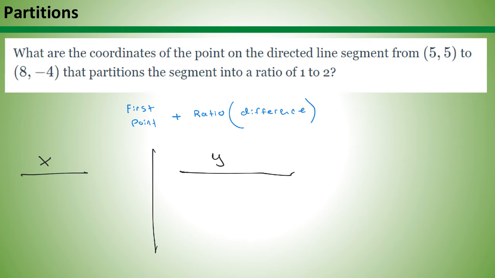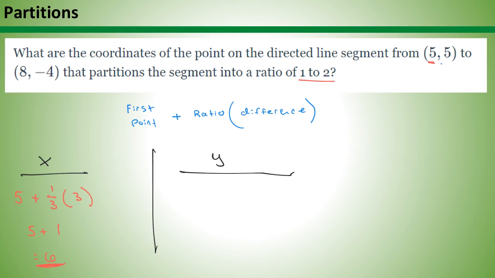Starting with our first x, which is positive 5, I have 5 plus, our ratio this time is 1:2. So that's going to be 1/3 times the distance from 5 to 8. You're going up by 3. So it's going to be 3. So we end up with 5 plus 1, and that is 6. Okay, so that's our x value.